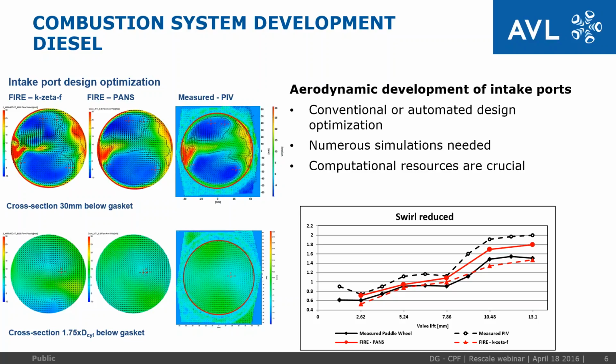And we can go forward and perform conventional series of computations, or we can perform automated design optimizations. In either case, numerous simulations are needed, and computational resources are very critical. We, of course, can vary engine parameters, operating parameters, as well as geometrical parameters. In either case, we end up with numerous operating points which need to be investigated.